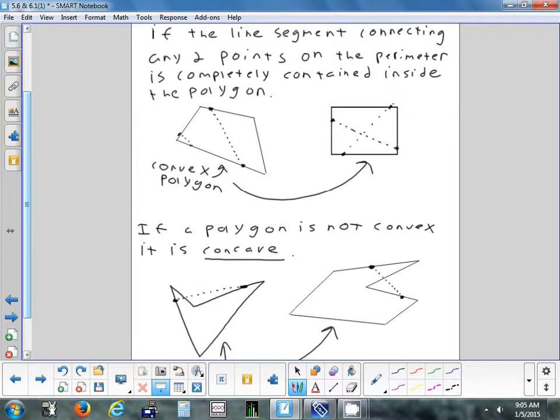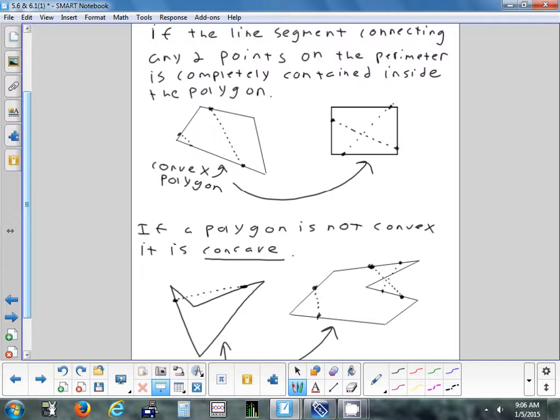If a polygon isn't convex, then it's concave. Concave, think of the cave part. It kind of caves in on itself. So it's possible that I could draw a segment that's contained inside, but it's also possible for me to draw a segment that goes outside. If I put a dot here and here, or one here and there, and I connect that segment, part of the segment goes outside the shape.